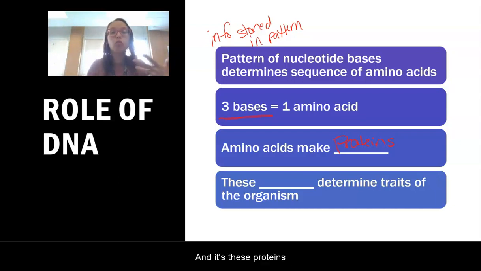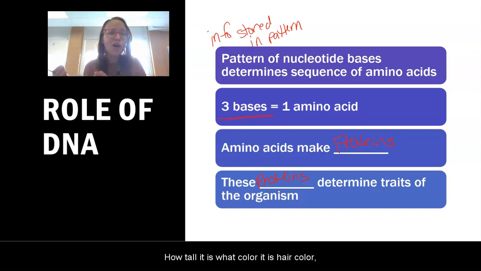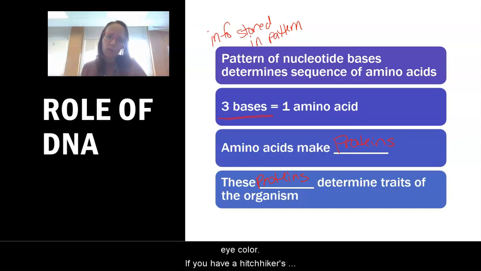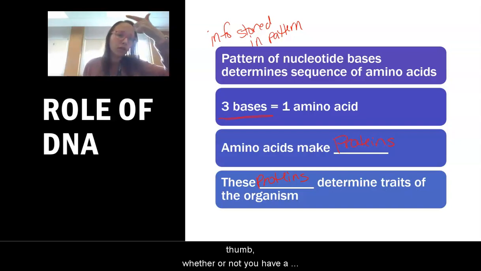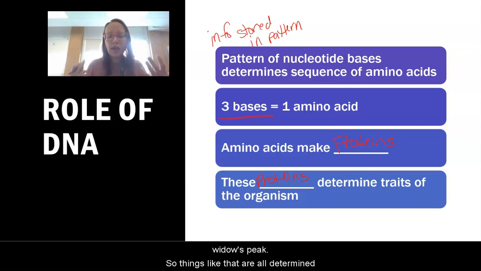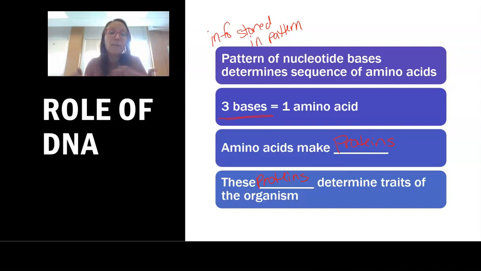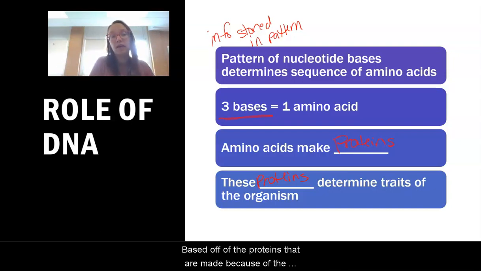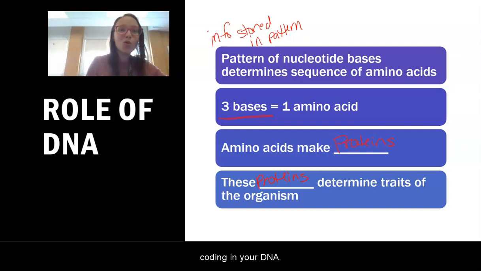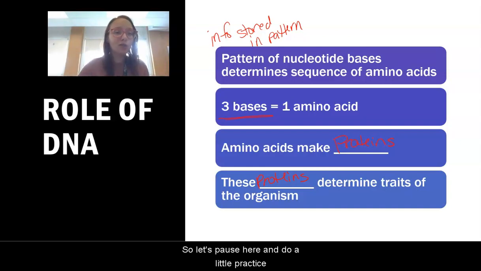And it's these proteins that then determine the traits of an organism. How tall it is, what color it is, hair color, eye color, whether or not you have a hitchhiker's thumb, whether or not you have a widow's peak, things like that are all determined based off of the proteins that are made because of the coding in your DNA. So let's pause here and do a little practice.